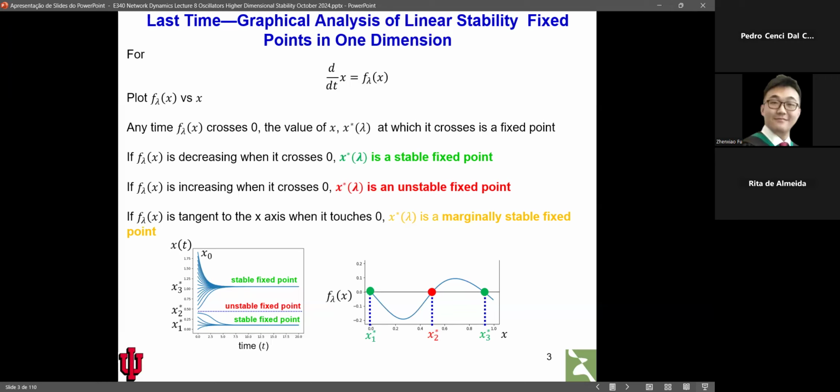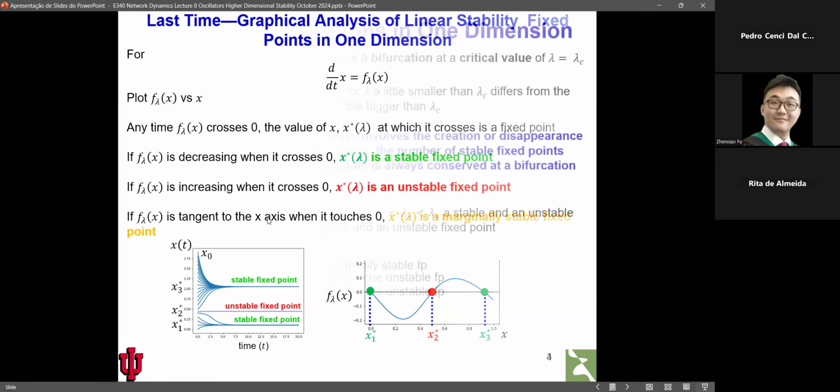If you vary the parameter, you have a different evolution, but you can understand what's going to happen to the fixed point and its stability depending on how you vary lambda. If f_lambda of x is decreasing at this point here, do you see my pointer here? Yes. Okay, good. Then x star is a stable fixed point. If f_lambda is increasing, then you have an unstable fixed point.